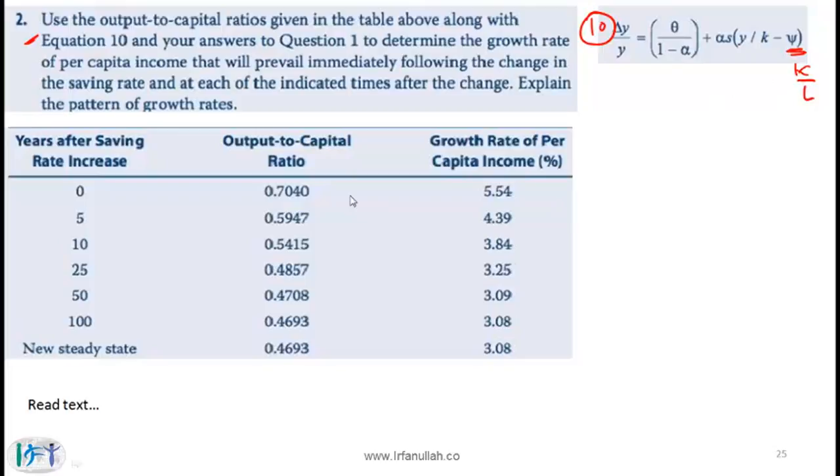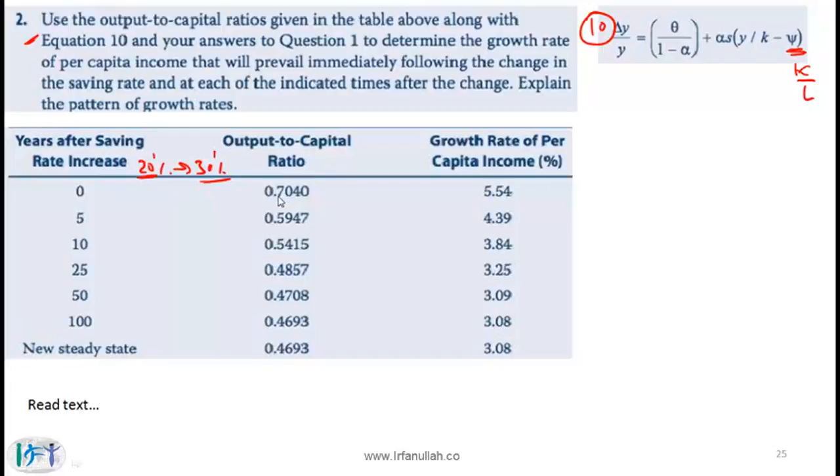What is more important is to observe the following. Our savings rate has gone up from 20% to 30%. So immediately after this increase, what happens to the output to capital ratio?